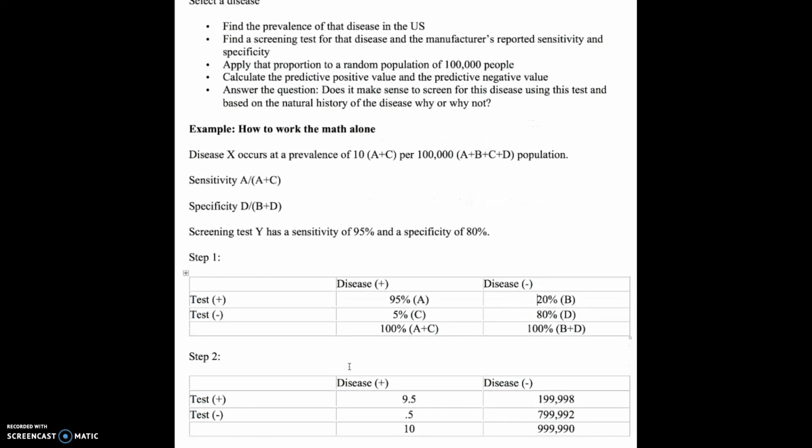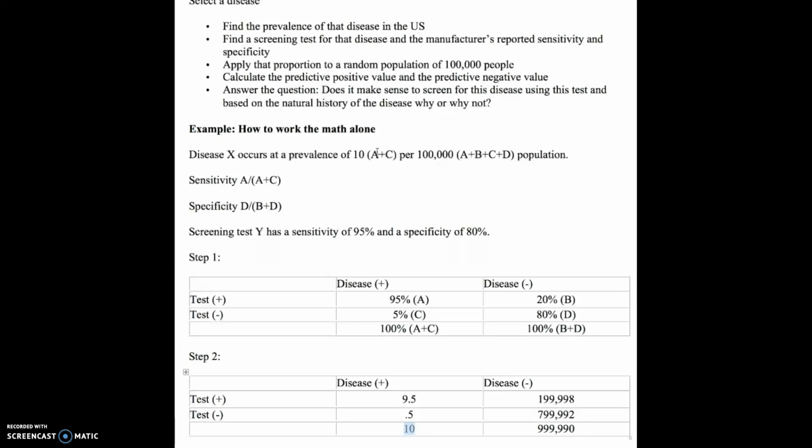Now, if you look at step 2, I input all the numbers. The 10 goes here because that's everybody that's sick, and the 999,990 goes here because that's everybody that's well. Because remember, the total population is 100,000. The total well population is 100,000 minus 10.